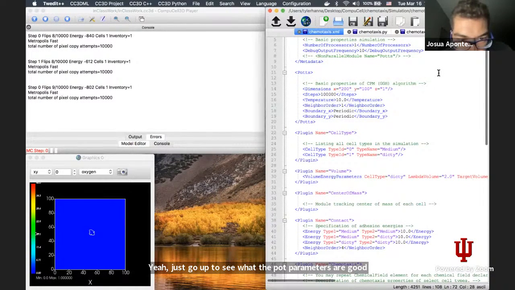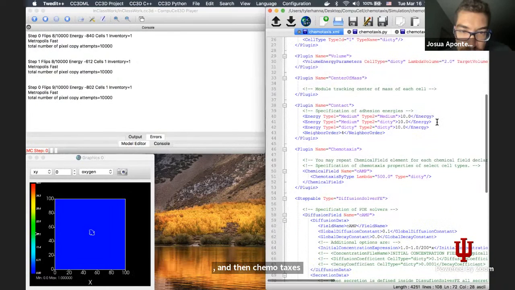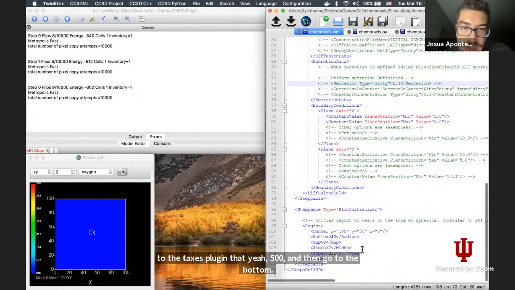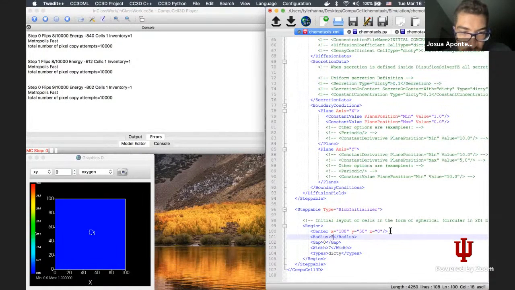Good. And then chemotaxis. Go to the chemotaxis plugin, that 500, and then go to the bottom so we can see what the initialization is. The radius, set it to 5. Yeah, that's fine.